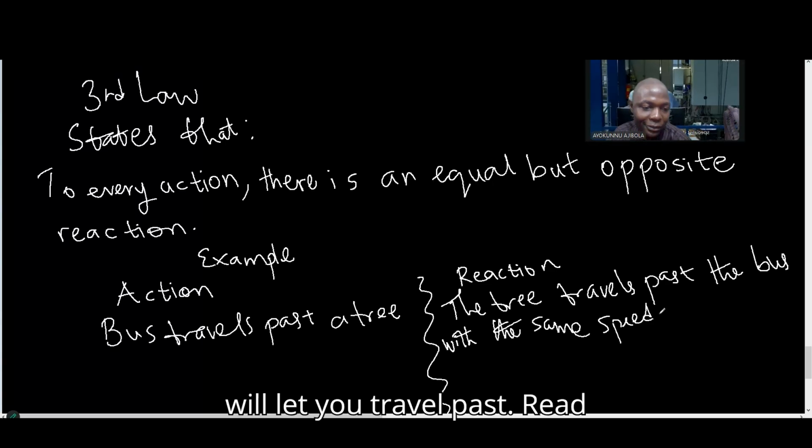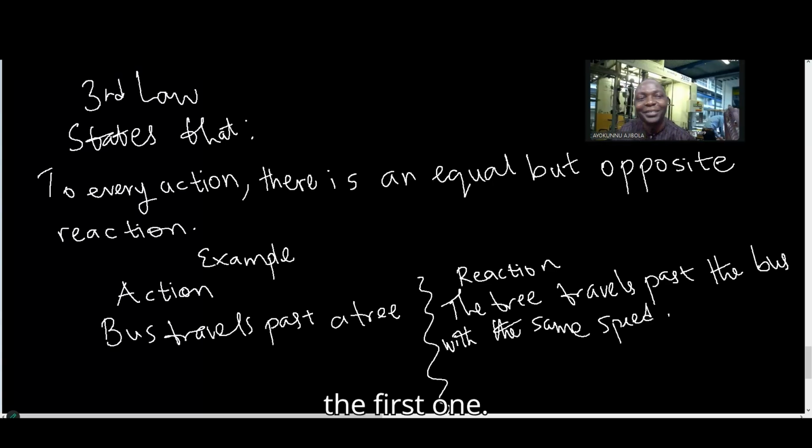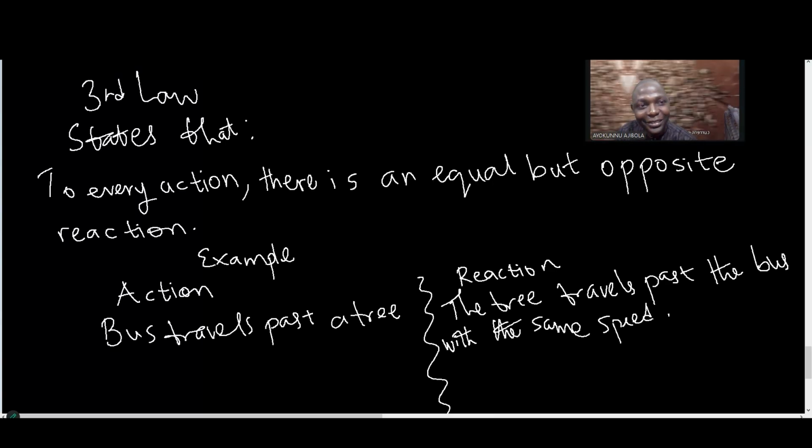Sir, how will a tree travel past the bus? Read the first one. Bus travels past tree. So the tree also travels past the bus with the same speed.